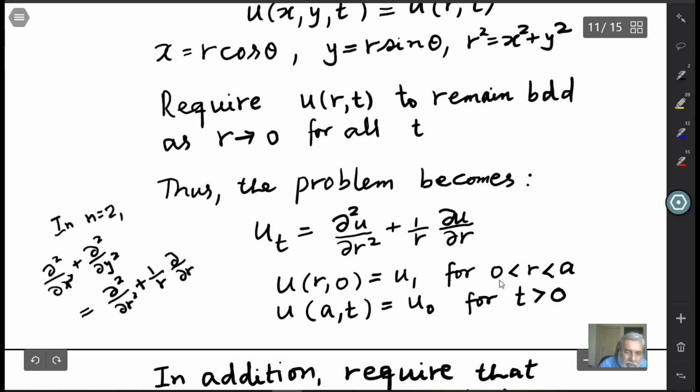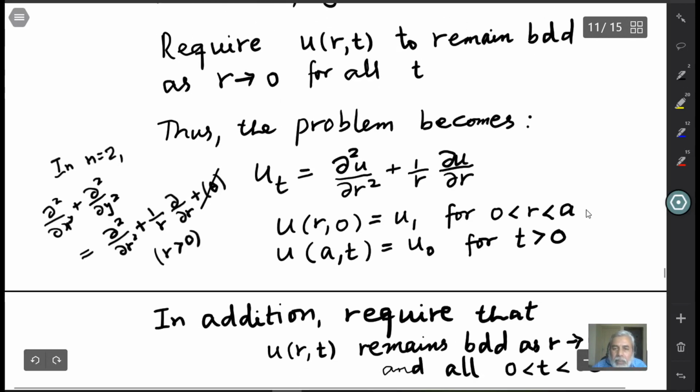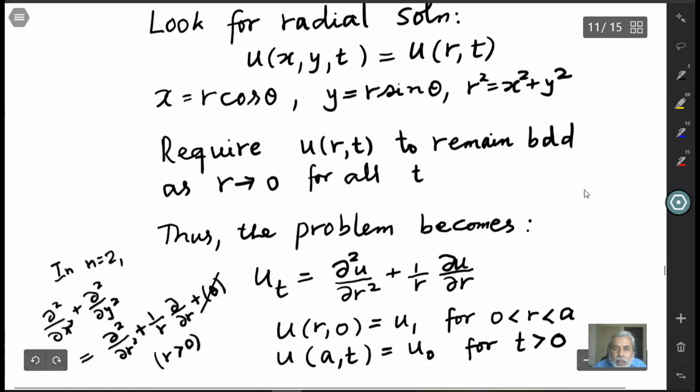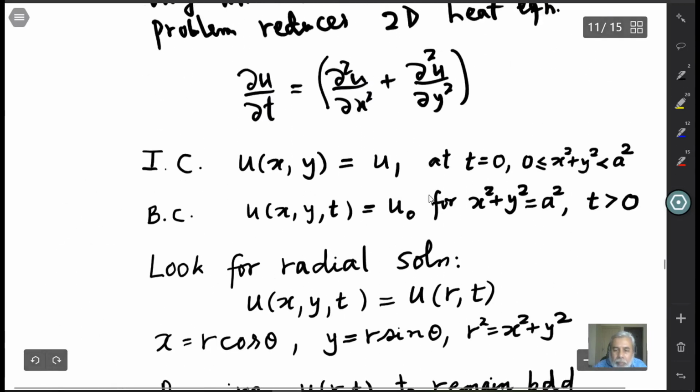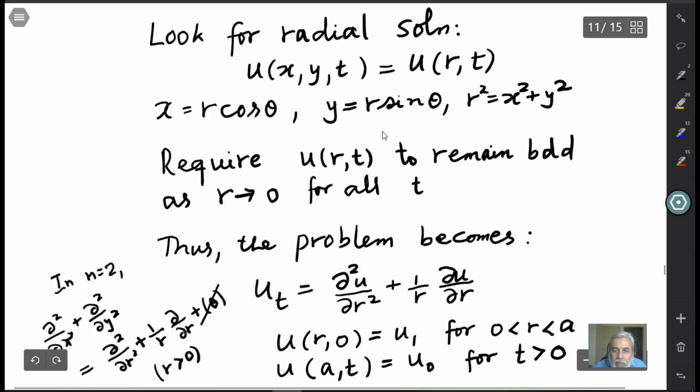You see that's division by r, so r should always remain greater than 0. In general there will also be a theta part, but in this case it is not there because we are assuming u is only a function of r.